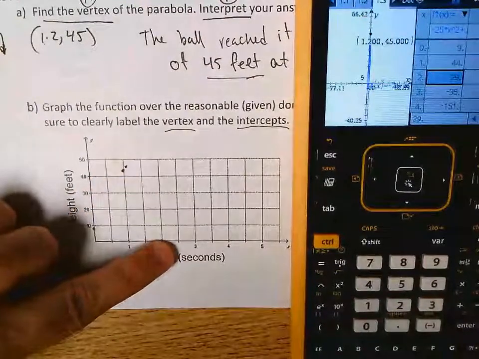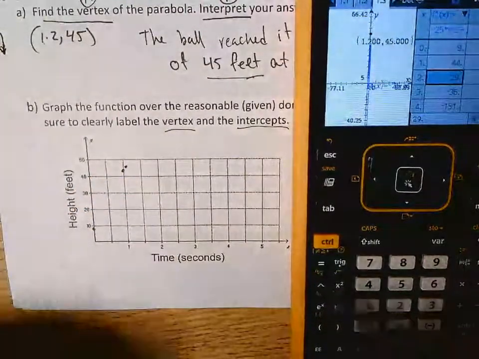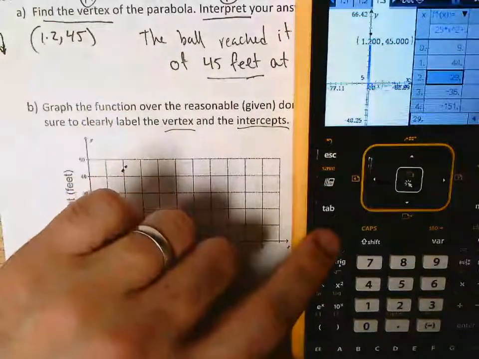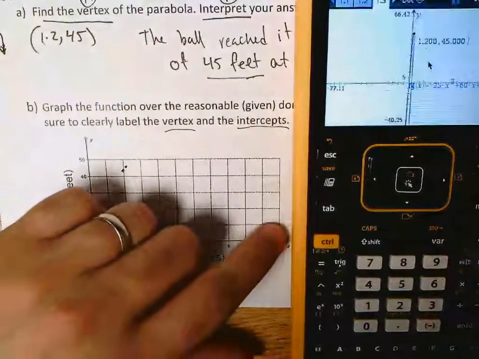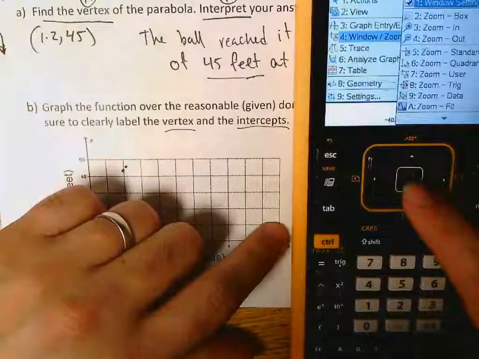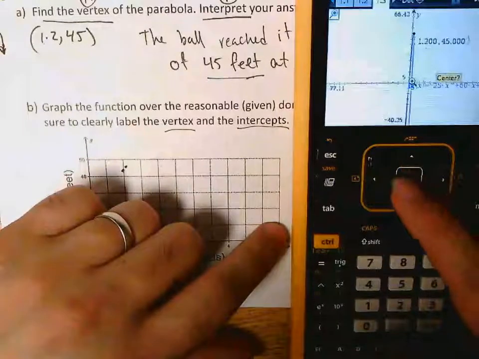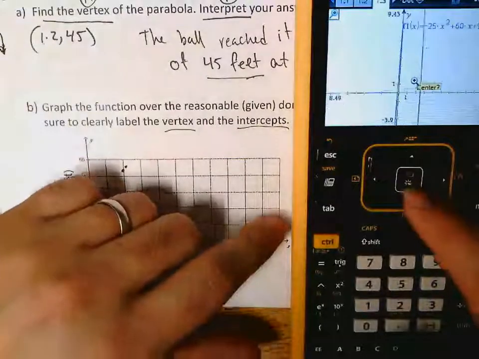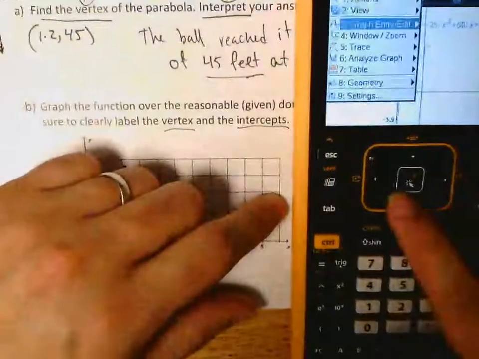The graph is going to hit my x-axis. One way that I can do that is like this. I'm going to zoom in. I can zoom in, zoom, and that is one of the x-intercepts.